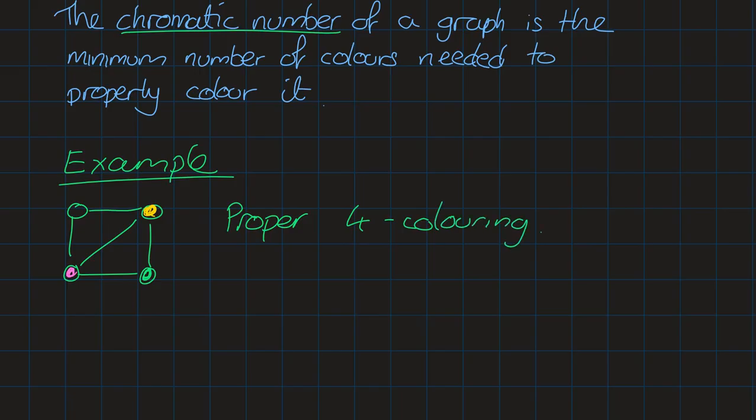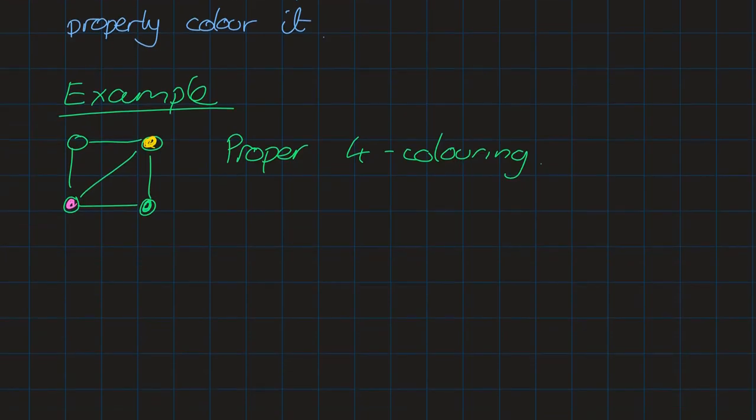Okay, but it's pretty straightforward to see that in fact you can colour this with fewer colours. Like this vertex and this vertex don't actually have to be a different colour. They could have been the same colour. So I could have coloured it like this, which is a proper 3 colouring.